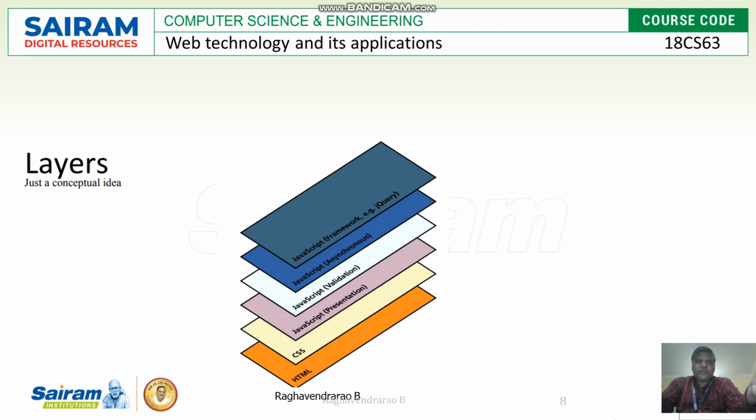Here, as the layers, you can see that at the bottom, HTML is there. Next is CSS. Next is JavaScript: presentation layer, JavaScript validations, JavaScript asynchronous. Then we have jQuery, a framework at the end.